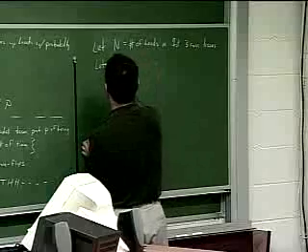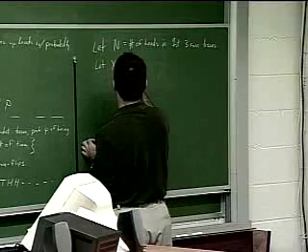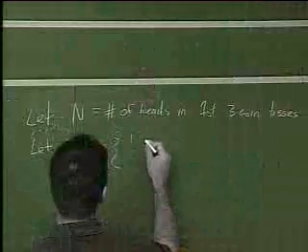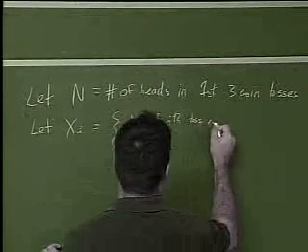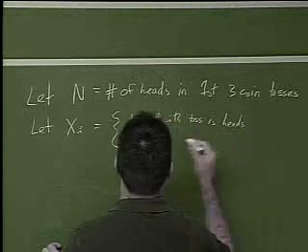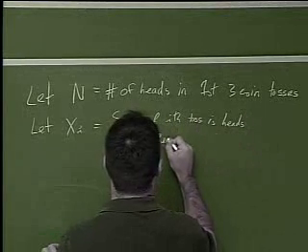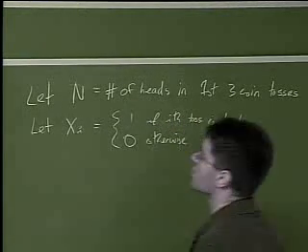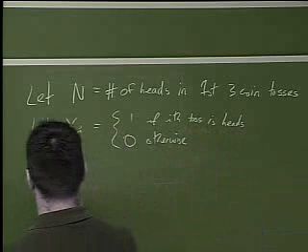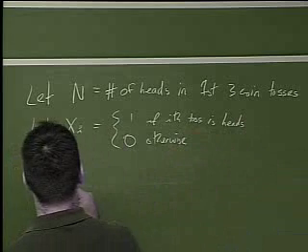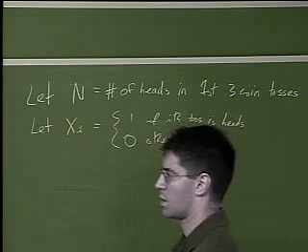And also let x sub i equal 1 if the ith toss is heads, 0 otherwise. Okay? So all we're saying is, what are we saying? Yeah.